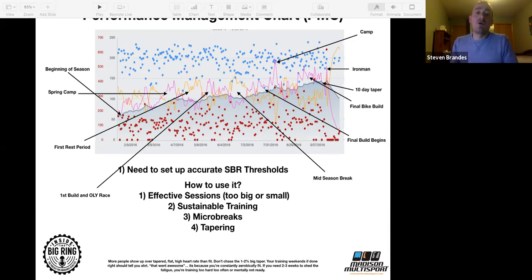When you drop volume too much, your body says, I don't need all this blood. So it reduces. And then you need to do this Ironman, and that needs a lot of blood and a lot of oxygen, and your body says, well, you just said 2 weeks ago that you don't need this. That's why you don't want to taper too much.